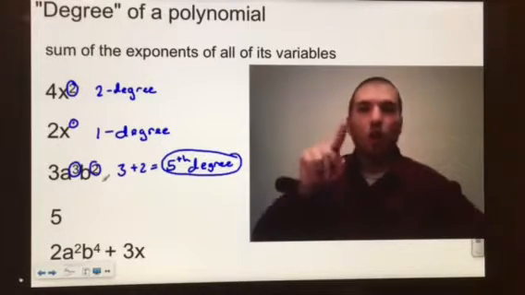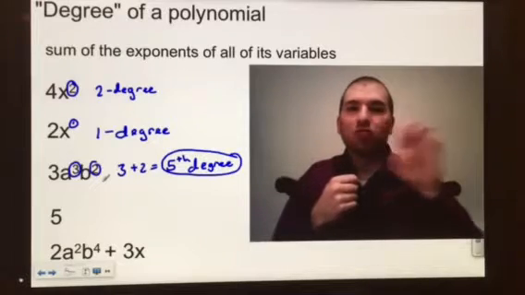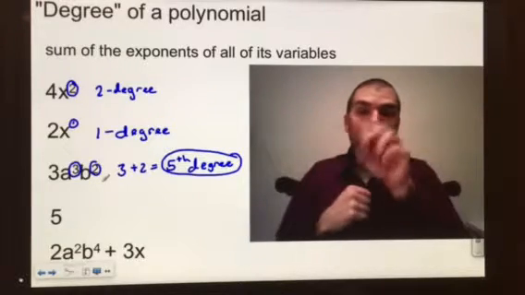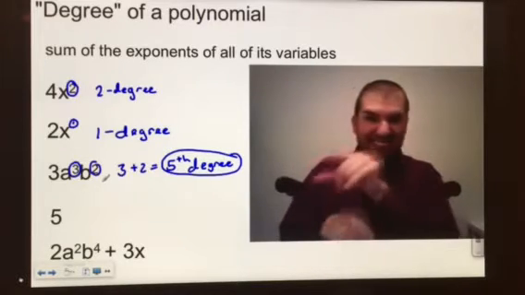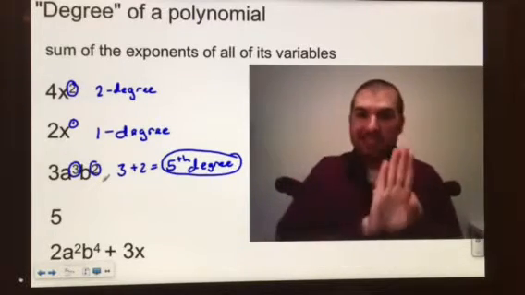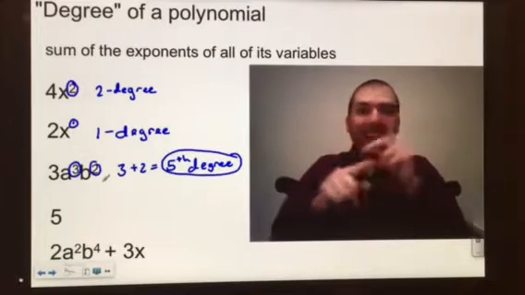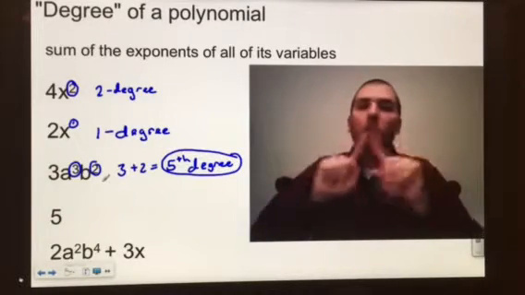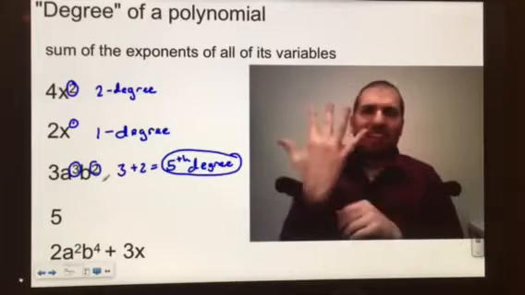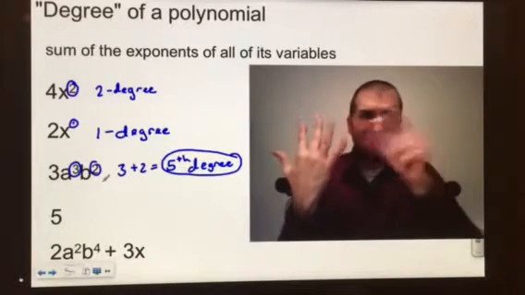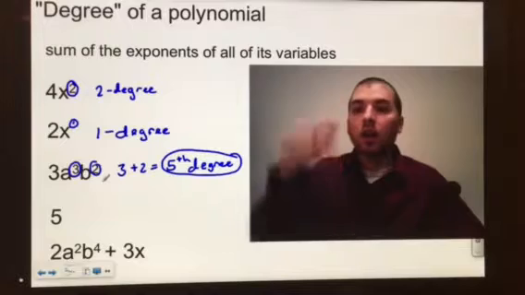So this polynomial would be to the 5th degree. And the reason why is you would take the sum of the exponents, and that is what would make the degree. You can keep them separate in the polynomial, but for this practice we are going to take the addition.